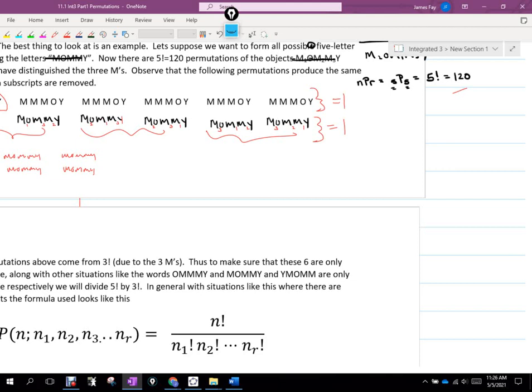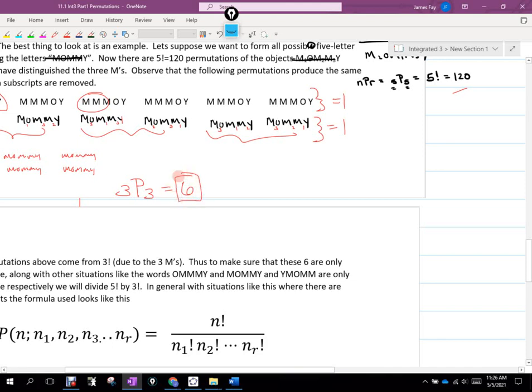So what happens is that we need to divide out by the repeats, okay? If I think about the repeats, think about that M. There are 3 M's, okay? And if I take 3 of them at a time, that's going to give me 3 times 2 times 1, which is 6.